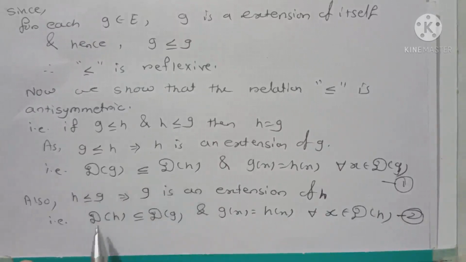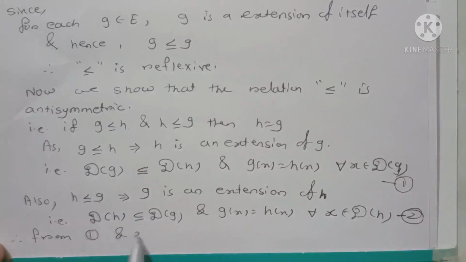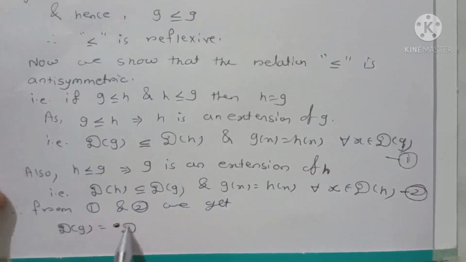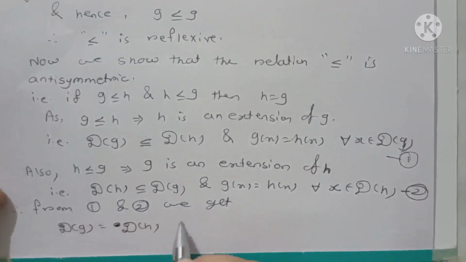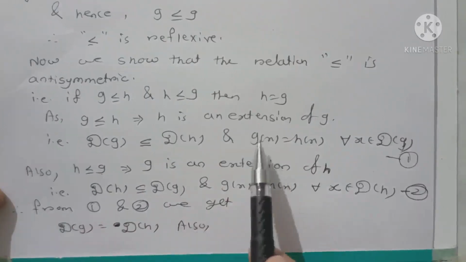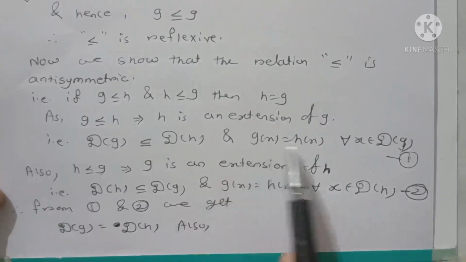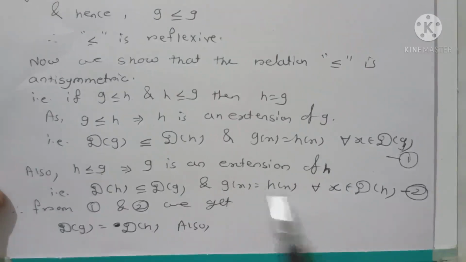At the same time, the domain of h is a subset of the domain of g. From this we get that these two domains are equal. Therefore, from 1 and 2 we get domain of g equals domain of h. Also, as their domains are equal, on the same domain both the images are equal.